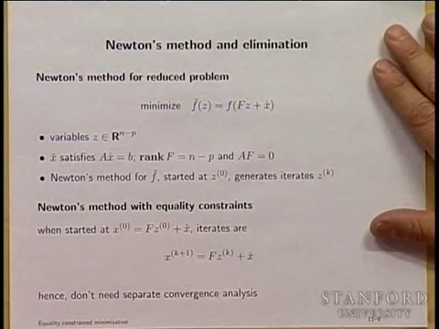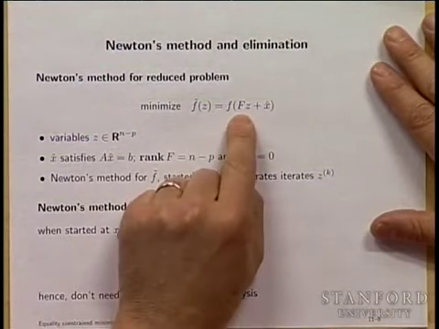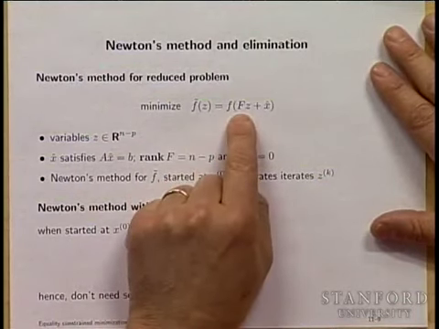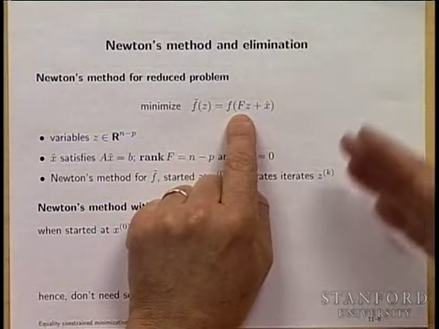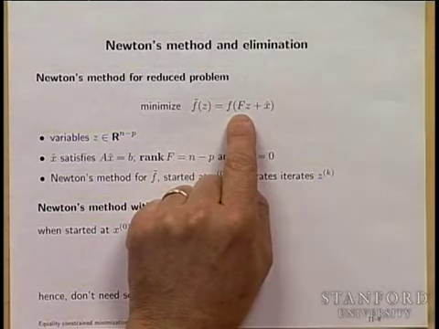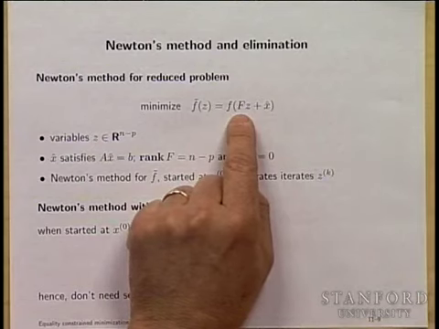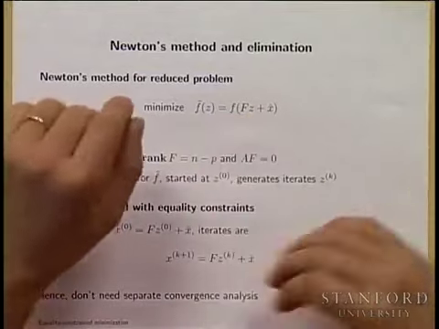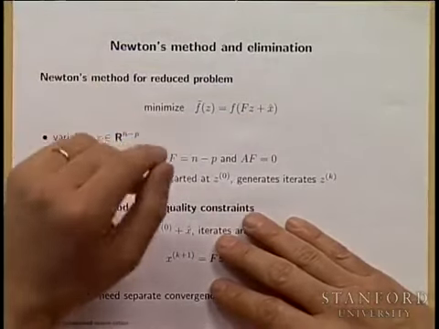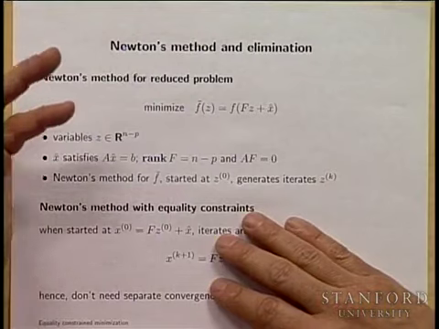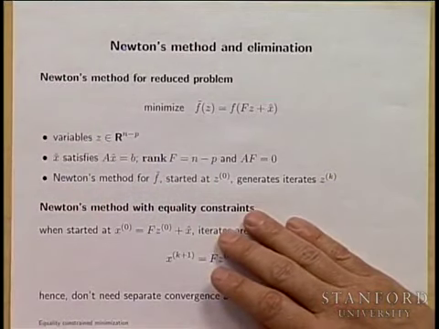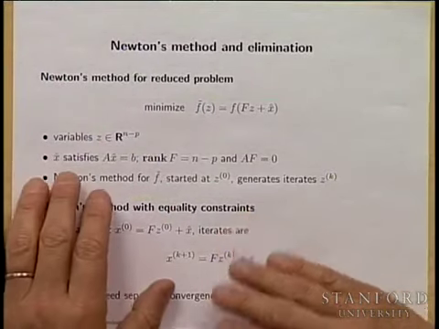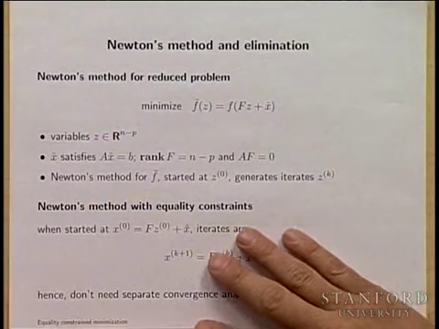But you might protest and say, now, wait a minute. When you do elimination, there's lots of choices for F. F is any matrix whose columns span the null space, or are a basis for the null space of A. So there's lots of ways to do elimination. Surely all those methods can't give you the same iterates. The answer is they do. Of course they do, in Newton's method, because that amounts to a change of coordinates, and it's completely insensitive to that. So they all give exactly the same.